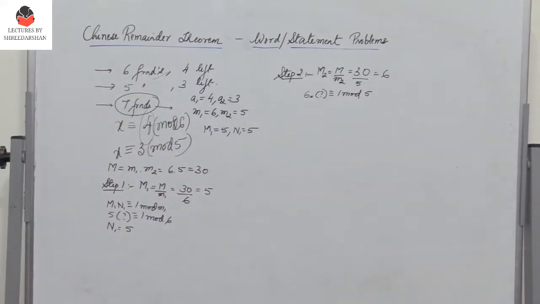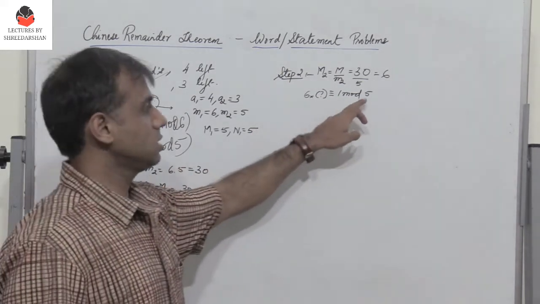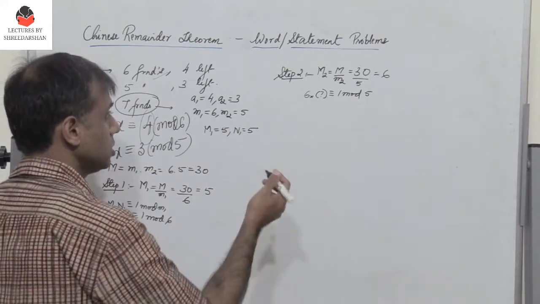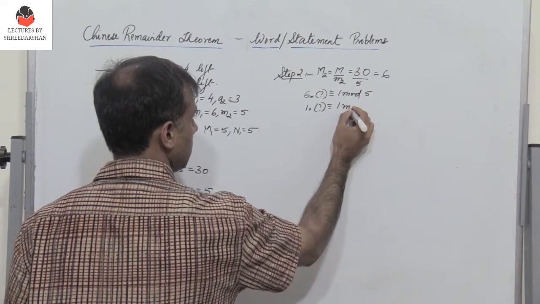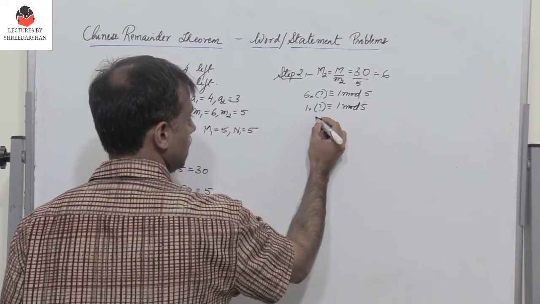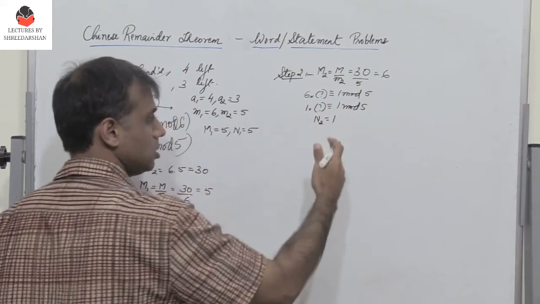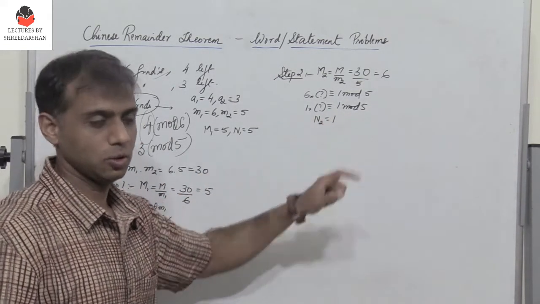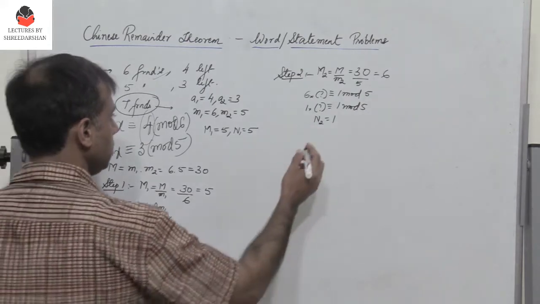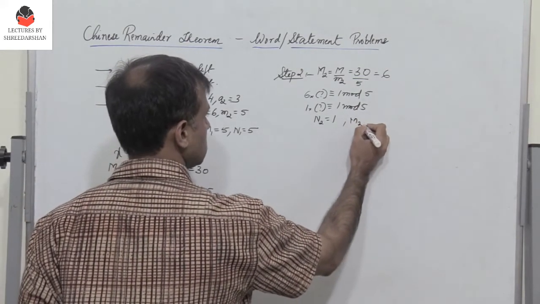So 6 into what will give me 1 in mod 5? Can you think of a value? 6 is larger than 5, so what is 6 in mod 5? It is 1. 1 into another number should give me 1 in mod 5. So definitely n2 is 1, because 1 into 1 is 1 itself. The inverse of 1 is 1 in mod 5. So M2 is 6 and n2 is 1.